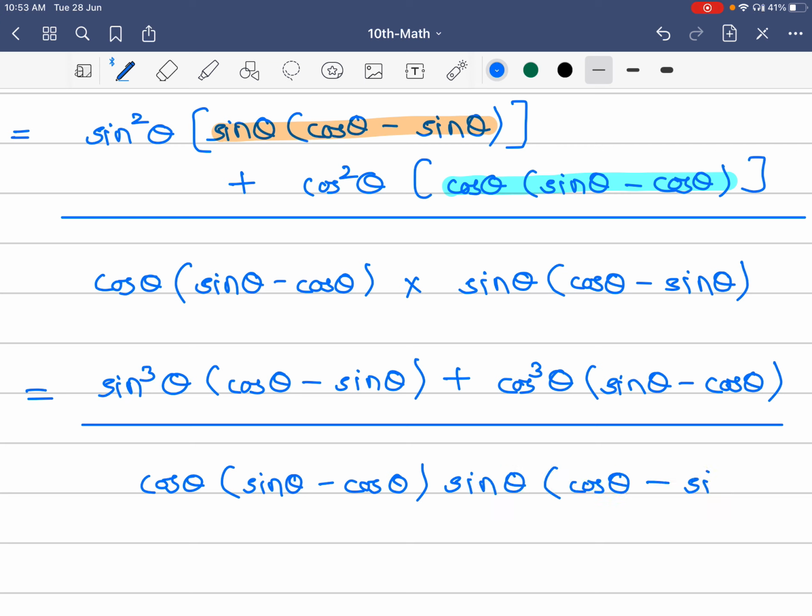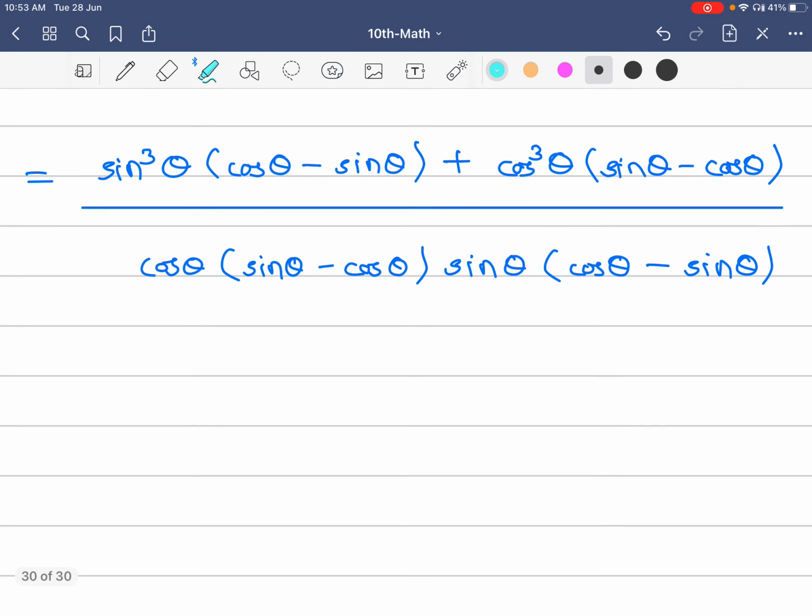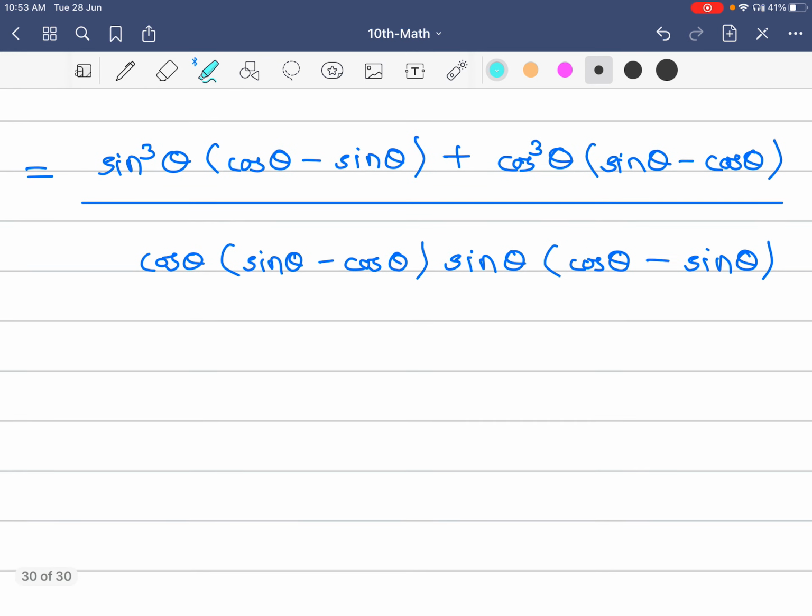No complications in our denominator. Now note these terms. Let me highlight. So let's come to this. Now this is our expression. So note these two terms, cos theta minus sine theta, and this is sine theta minus cos theta. So I can write this as cos theta minus sine theta by taking the minus sign here. Let me try to do that.